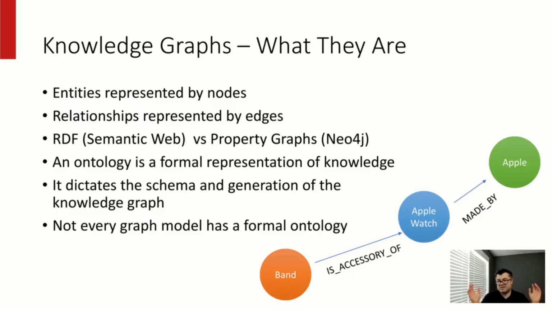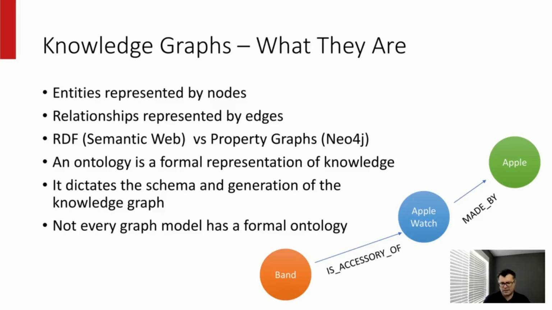There's very specific rules of what an ontology must have, and you must define that. If you do that, it's basically like if I have a customer, what does the customer have, what kinds of properties the customer has, what kind of relationships the customer can have. So it dictates the schema of the graph, but it also dictates how a knowledge graph is generated.